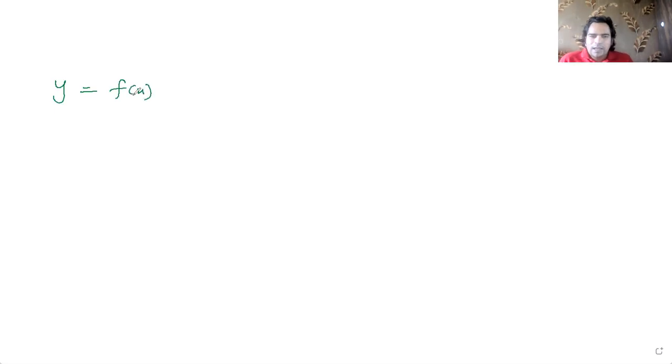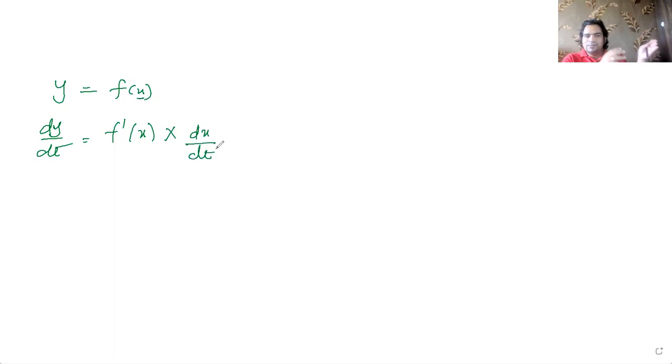And when I want to find the rate of change, dy by dt will be f dash of x, the normal derivative with respect to x, times whichever variable you have been given, just multiply with the derivative of that. So you don't need to do dv by dt is dv by dr times dr by dt every time. You can just remember this way.